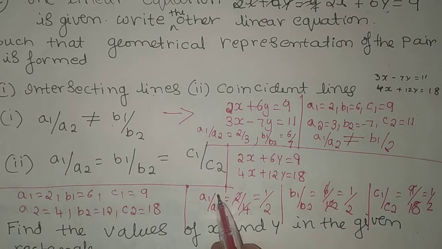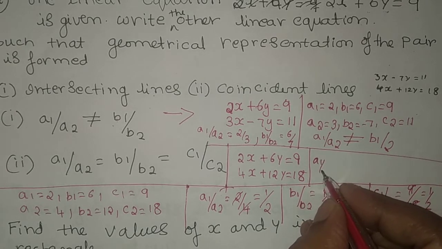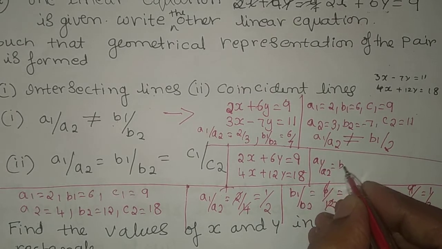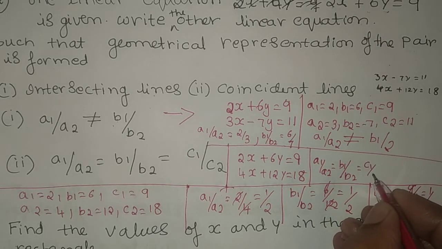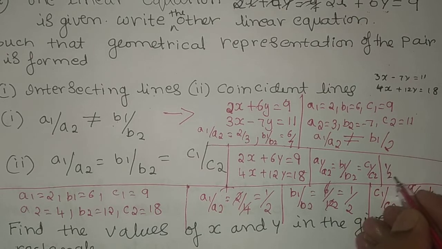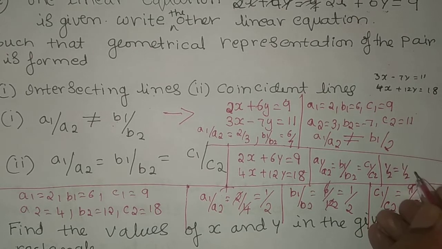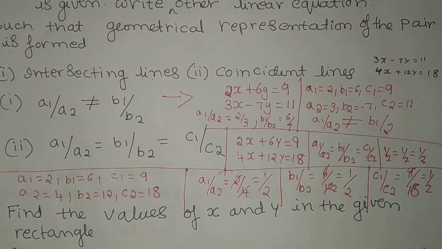So in all the cases we get A1 by A2 is equal to B1 by B2 is equal to C1 by C2. That is for coincident lines, 1 by 2 equal to 1 by 2 equal to 1 by 2. So this is the answer for the second question.